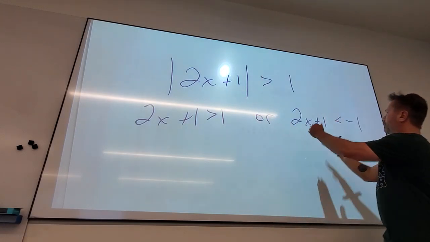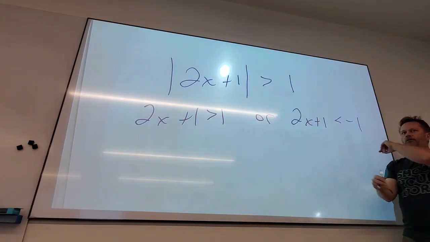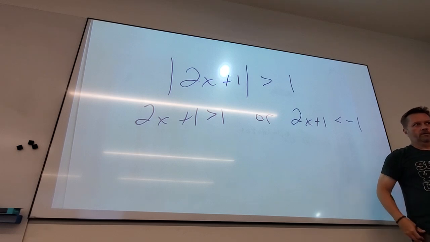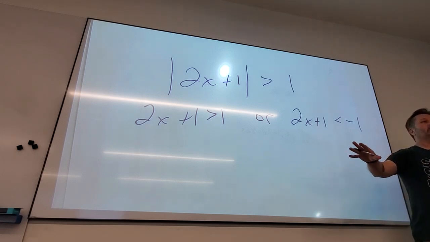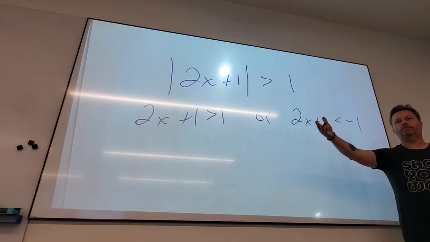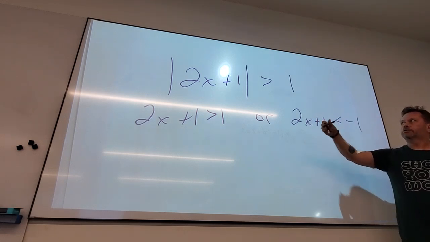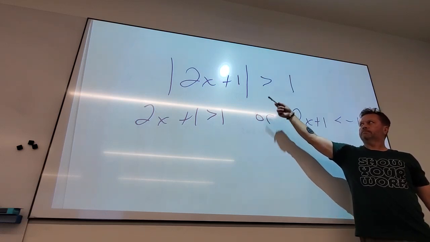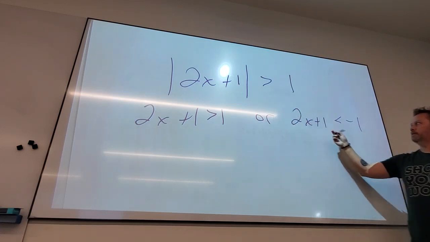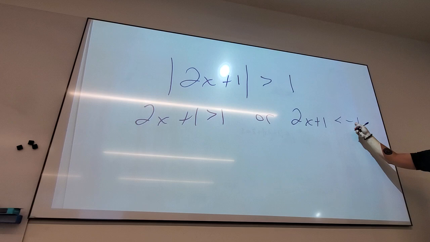No. So therefore, the number has to be less than negative 1 in order for it to work. So it could already be bigger than 1, or it's got to be less than negative 1. So when I take an absolute value, it ends up bigger than 1. One case is leave it alone. The other case is change both things. And now I just have two little ones to solve, right?